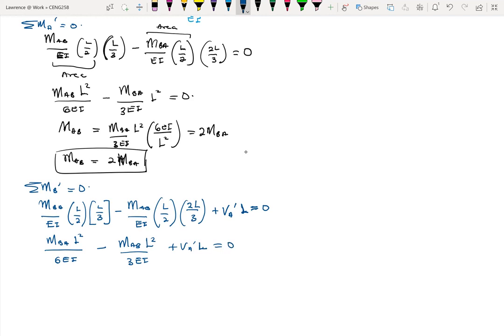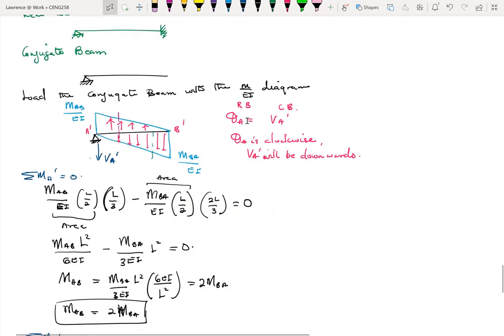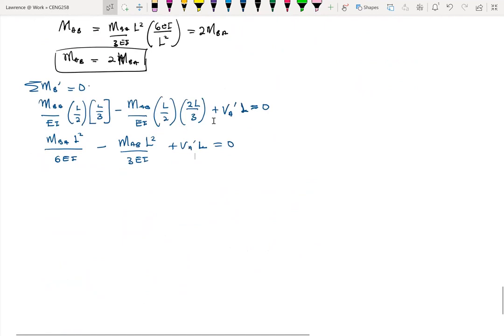We know that VA prime is the same as theta A, all right?